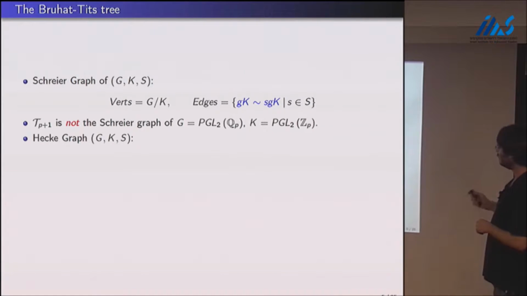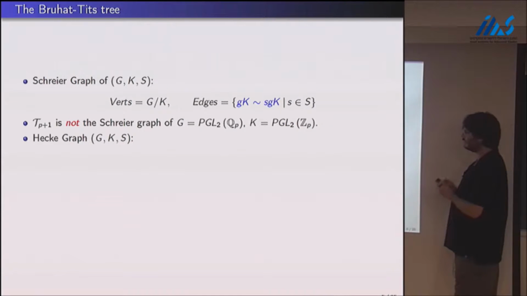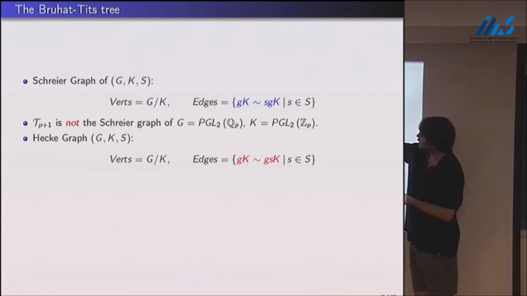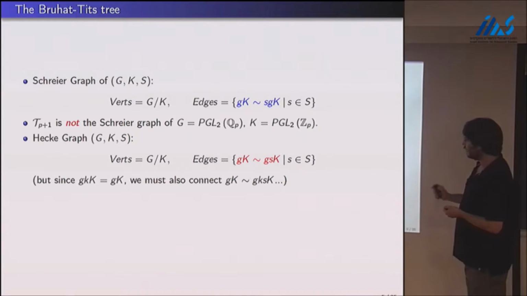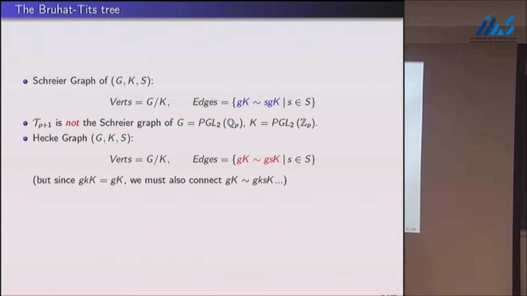What happens is something I couldn't find a name for, so I call it a Hecke graph. It's very similar. The vertices are still cosets, but the edges, instead of connecting gK to SgK, you connect it to gSK. It looks quite harmless, but it's a big difference. And notice that this thing is well defined as you see it, but here, if you multiply g by some element of K, you're still at the same coset.